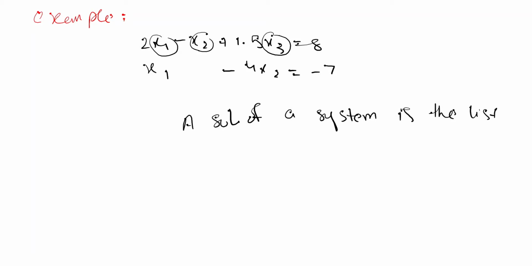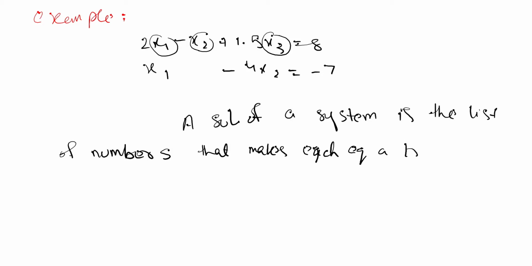A solution of a system is a list of numbers that makes each equation a true statement.